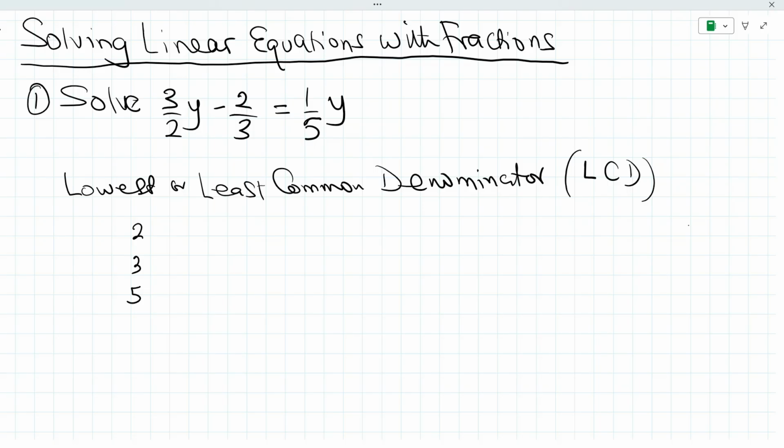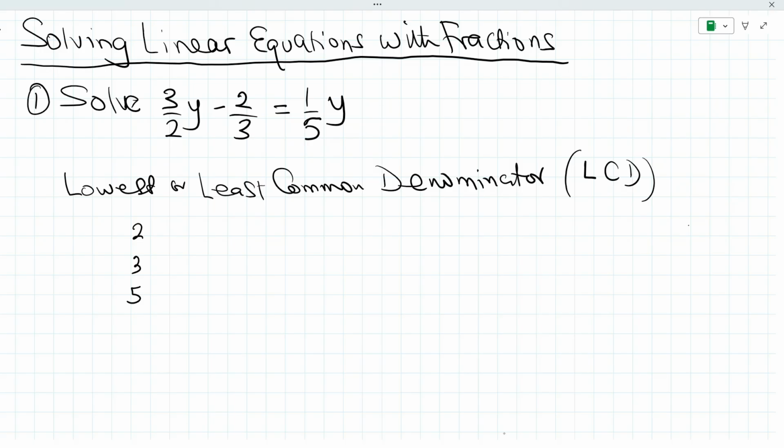We find the least common denominator by actually finding multiples of each number until we get to the common one for all 3. And we take that one as the lowest common denominator.